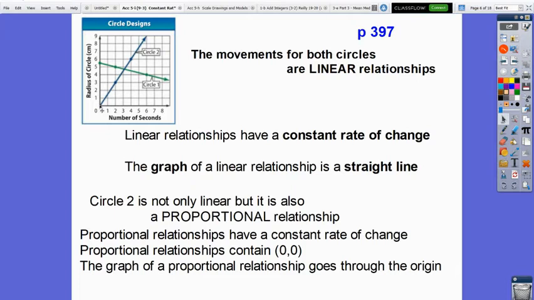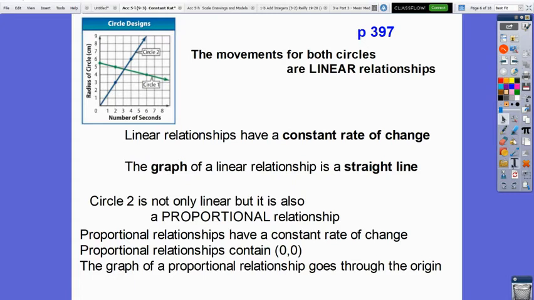And you will also find that the Y value divided by the X value for any point on that line is going to be the same value. That is always going to be the same, Y divided by X. It is also going to be the constant rate of change.